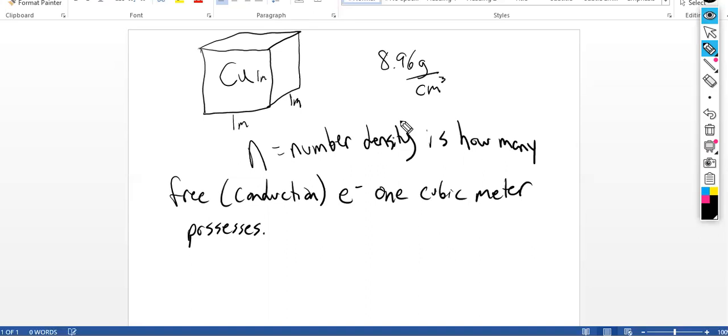That's right. Hey. Good morning. You know the number density of copper? Good morning. You know the number density of copper? You know the number density of copper?